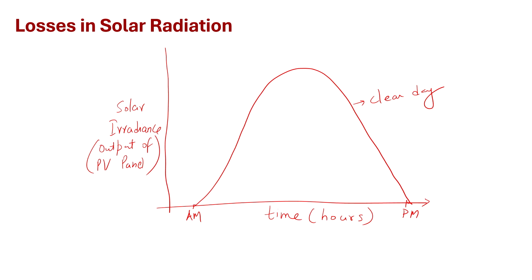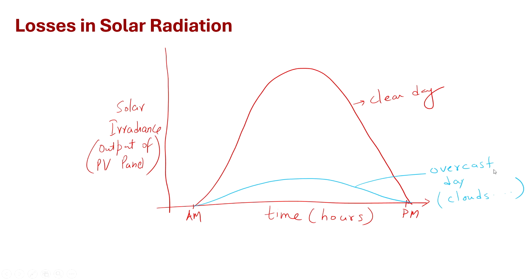But if you have an overcast day, when you have clouds etc. present in the atmosphere, the amount of irradiance which is received on the surface will be significantly lower on a cloudy day as compared to a clear day for roughly the same time in the year.